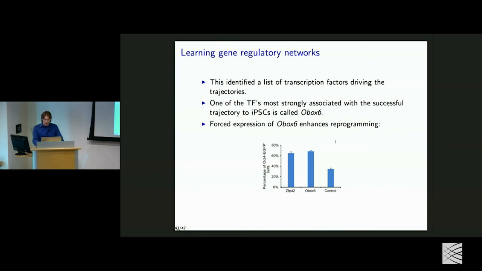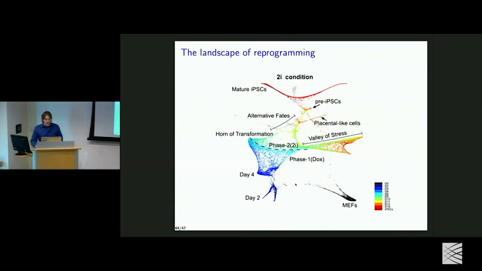So this is something that came out of the model. In this bar graph, without forcing the expression of OBOC6 there's some efficiency, and it goes up. And this is another gene that we knew would do this. People didn't know about OBOC6 before. Okay, so that's basically it.